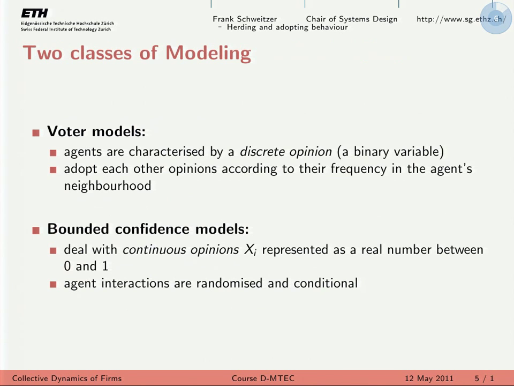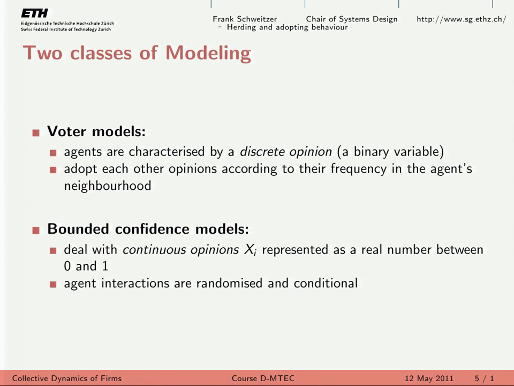So here we have listed two classes of modeling: the voter model and the bounded confidence model. The voter model is not covered in this lecture, actually, but I should mention it. A voter model is a very simple model.